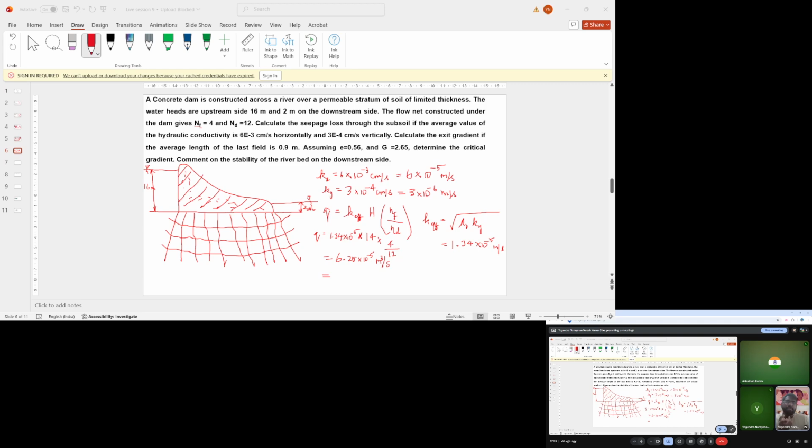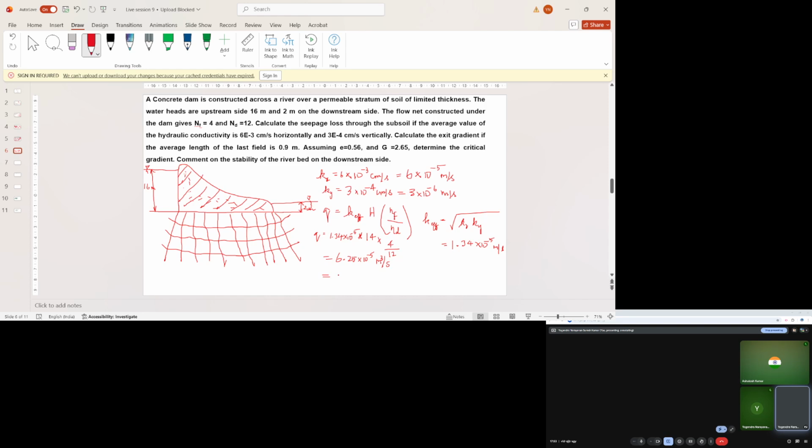See, per second it is this much meter cube. So it is 5402.88 liters per day, that is about 5,402 liters per day.